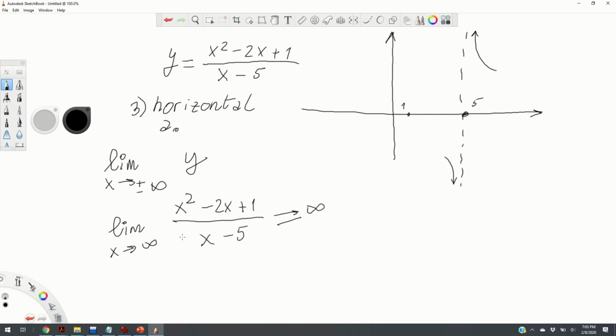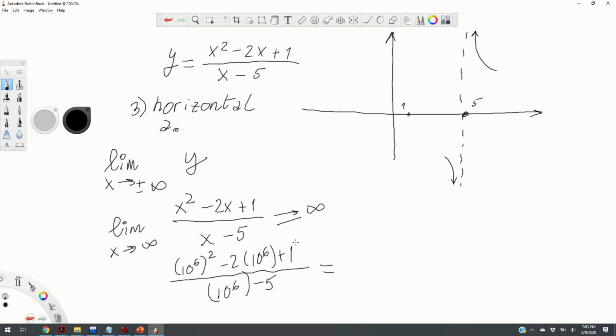Why is that? Well, imagine that x is equal to a million, so it's 10 to the power 6. The numerator will take the following form, and the denominator will be equal to this. So what happens?